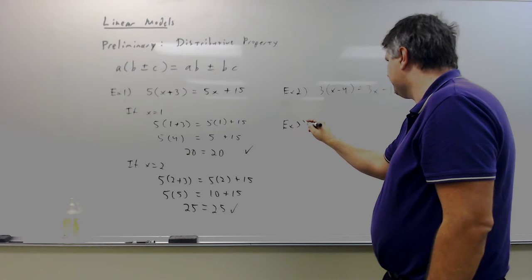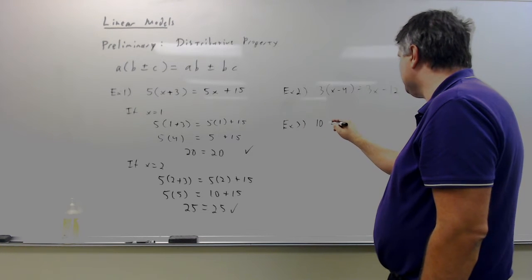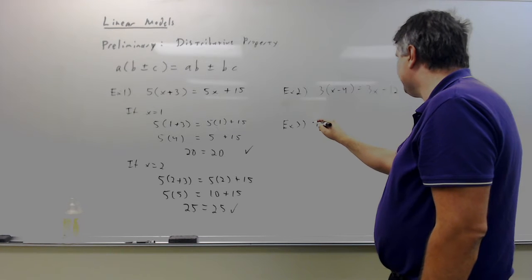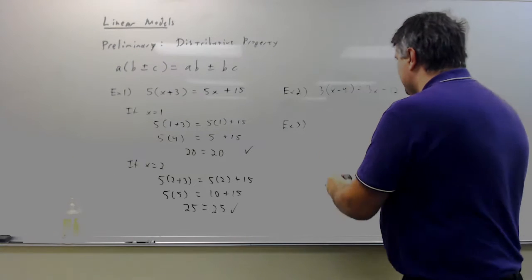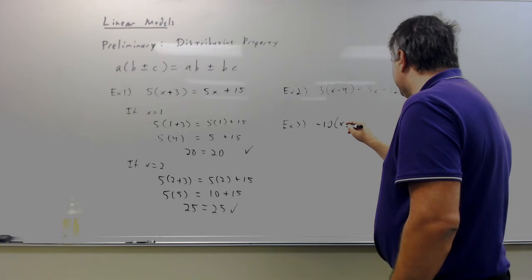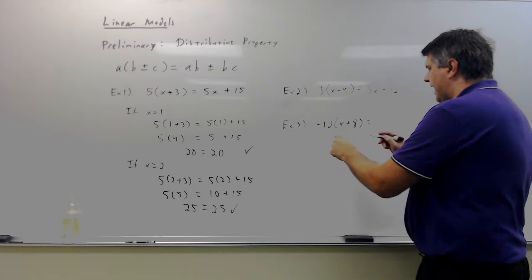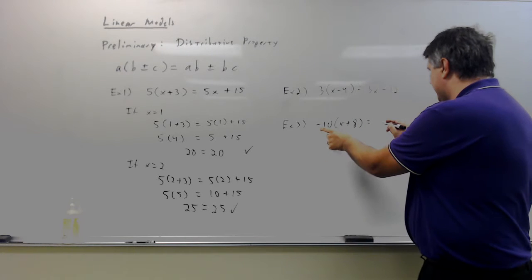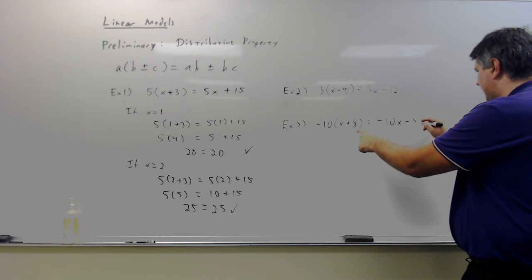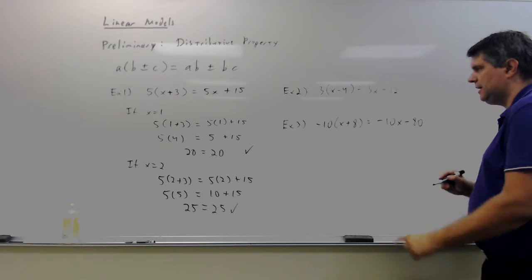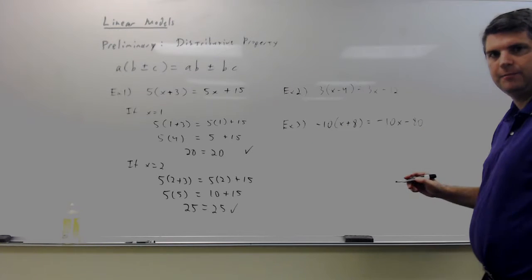Example 3. Negative 10 times x plus 8. Well, negative 10 times x is negative 10x, and negative 10 times 8 is negative 80, which we'll treat as minus 80.